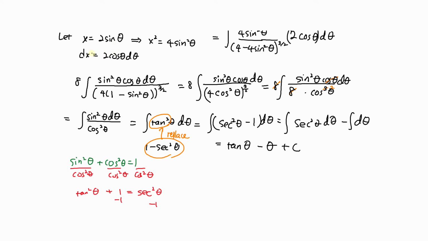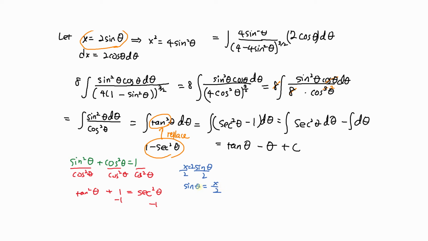Well, take a look at x equals 2 sine theta. I'm going to draw the triangle. This is going to play a big role in the last step. If I divide both sides by 2, I get sine theta equals x over 2.